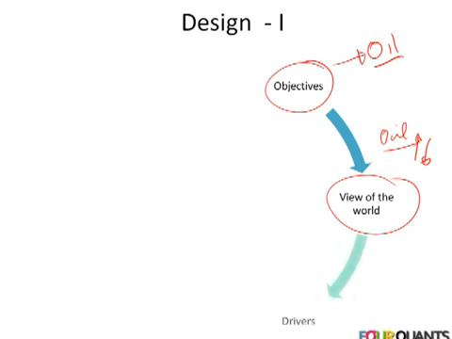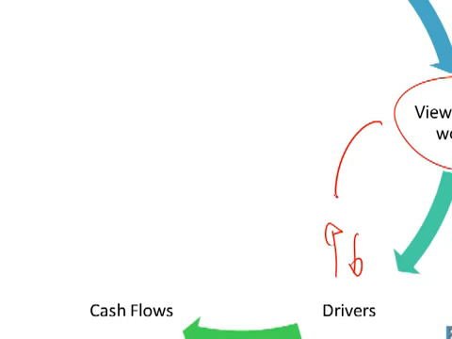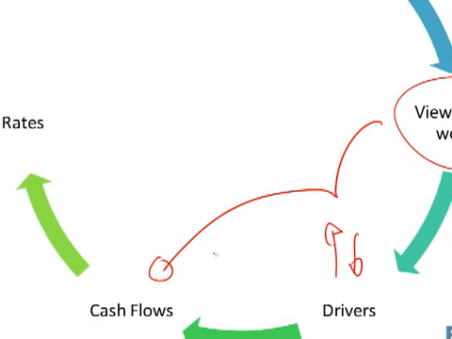So I take this view of the world and I determine what the drivers are. What are the drivers that will lead to prices going up and prices coming down? How do these drivers affect the cash flows of my model? So the view of the world and the drivers together are used to determine how cash flows would change when both drivers and the view of the world change.